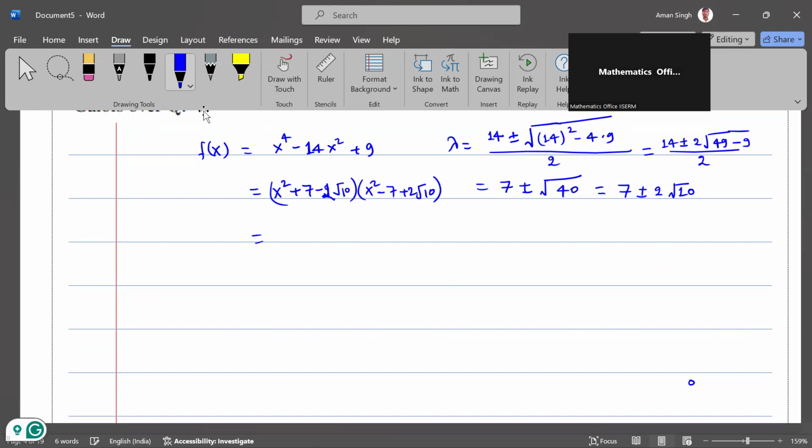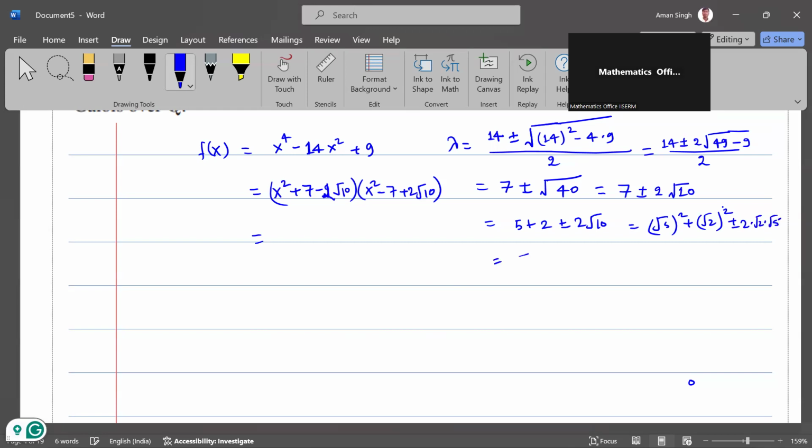Okay, so what more can be done here? We just continue with our calculation. 7 can be written as 5 plus 2 plus minus 2 root 10, and 5 can be written as under root 5 whole square plus under root 2 whole square plus minus 2 times root 2 and root 5.